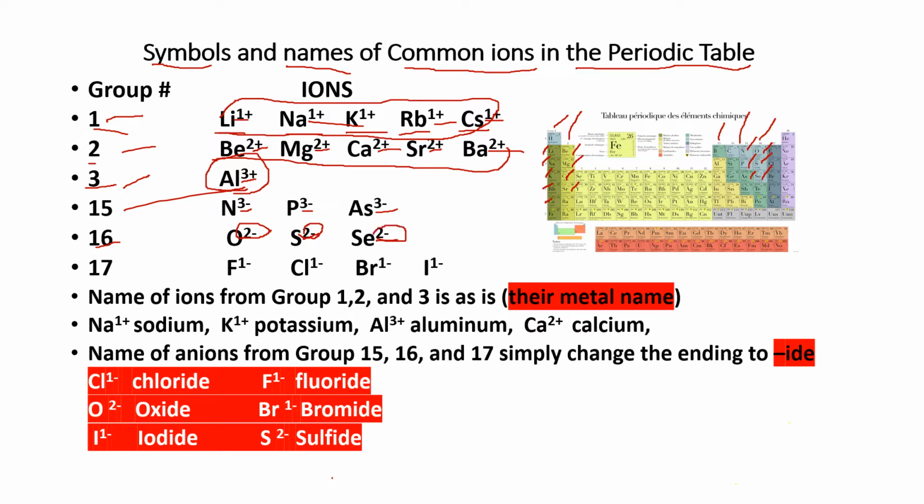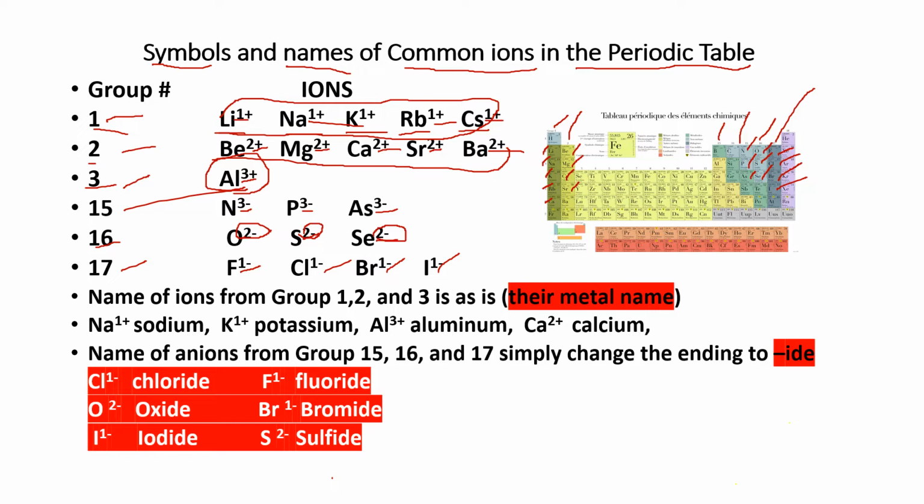And group 17, in the periodic table, here is group 17. And the symbols also are given and the name. So we have fluorine, chlorine, bromine, and iodine, and all their symbols carrying 1 negative charge because, as we recall, the group 17 atoms need to gain 1 electron to become stable.